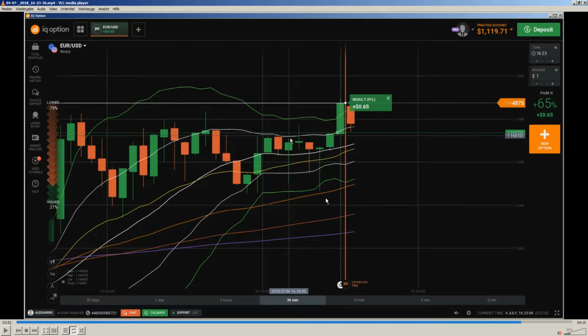And this was the last part of this consolidation area, and that is what you can often do if you get such a candle after a long consolidation area. Also this kind of candle at this level here, you can do a trade. I don't know how it's called, but it has a name that is also really often used by Forex traders who are trapped in a consolidation area.